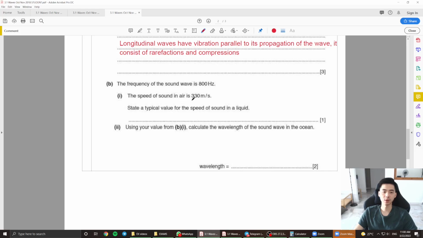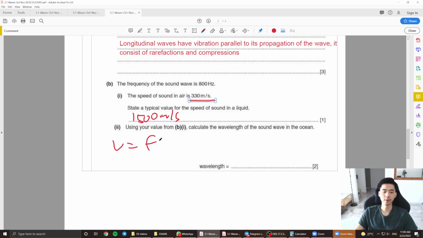Okay. Then finally, the frequency of a sound wave is 800 Hertz. The speed of sound in air is 330 meters per second. The typical value of the speed of sound in a liquid is going to be somewhere around 1,500 meters per second. Using a value in B1, calculate the wavelength in the ocean.